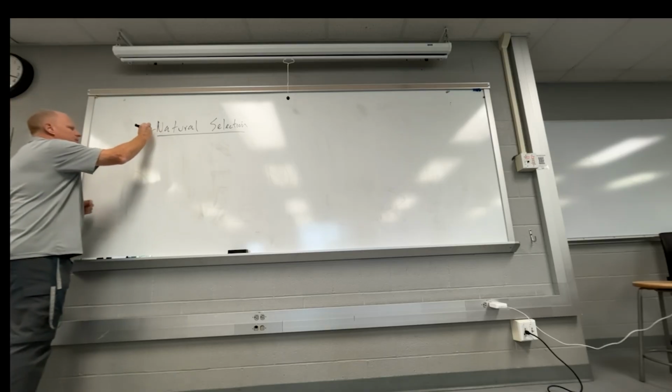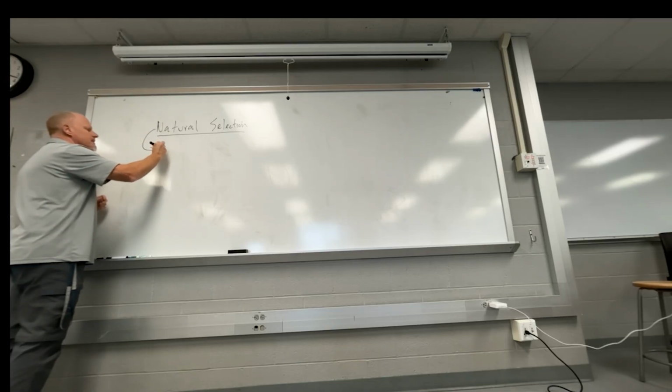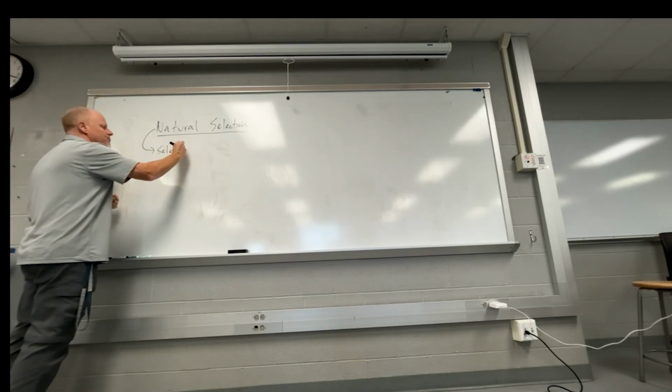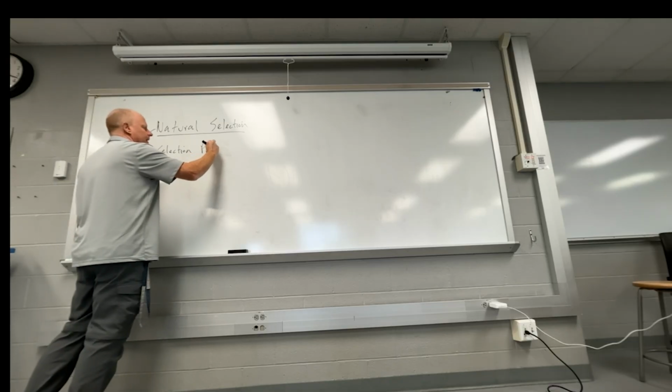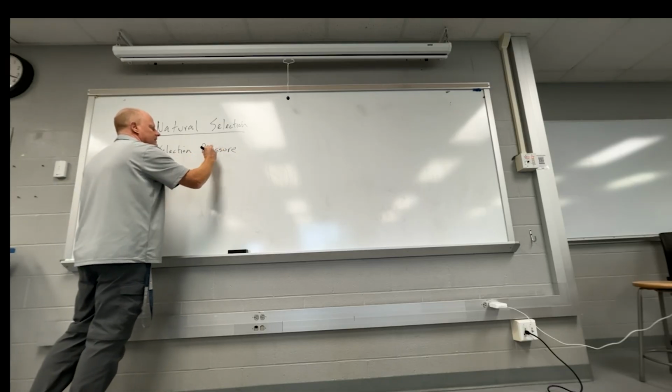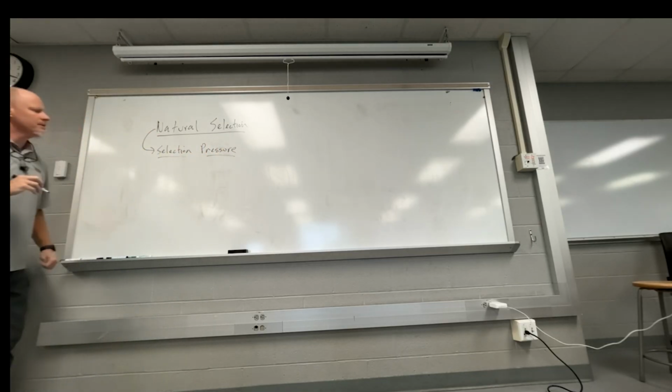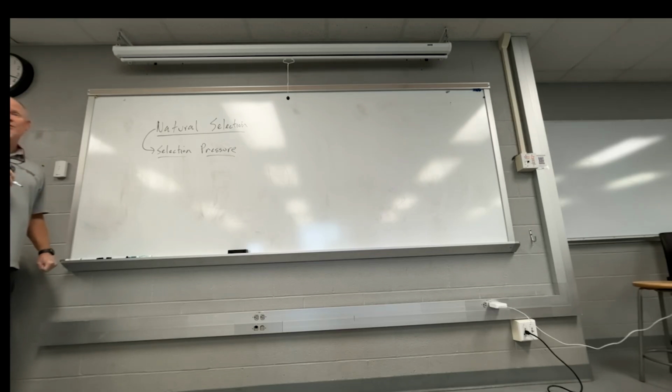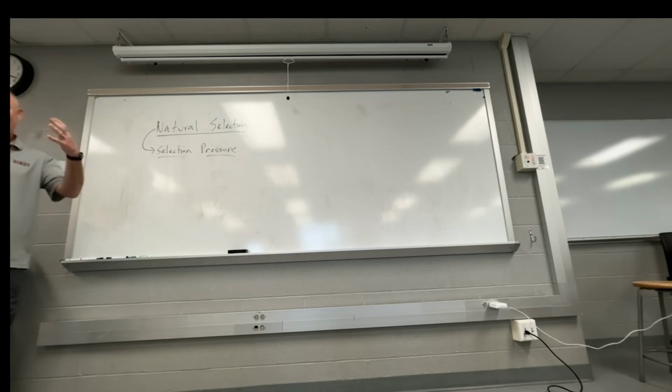It's when nature uses something called a selection pressure. That's the way I like to teach it, at least. So a selection pressure to choose which phenotypes are going to survive and which are going to die out, or which have an advantage or an adaptation versus ones that don't.